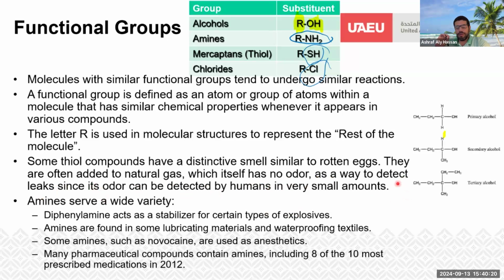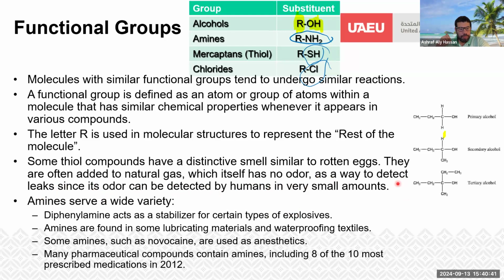And this is a very interesting fact. Natural gas itself does not have a smell, but what happens if we have a leak of natural gas at home? It will be very dangerous. It's flammable. It will kill us before we realize, because we cannot smell it.